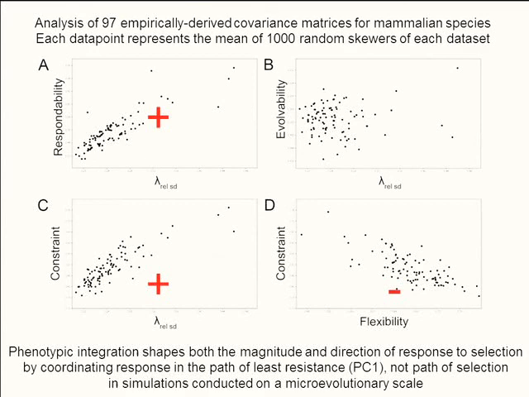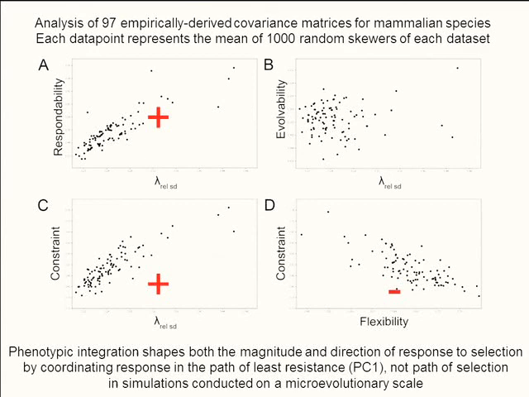And actually, when we look at flexibility, we find there's a strong negative correlation with integration. Here, I've put it against constraint. But basically, the more integrated your skull is, the less able it is to respond in the direction of selection. It'll channel the change along PC1 or along one of the major components of variation in the data set.